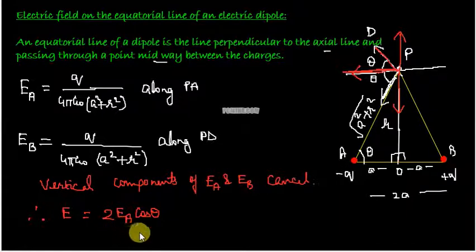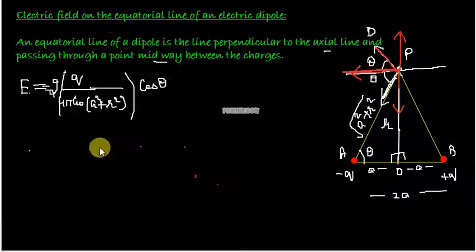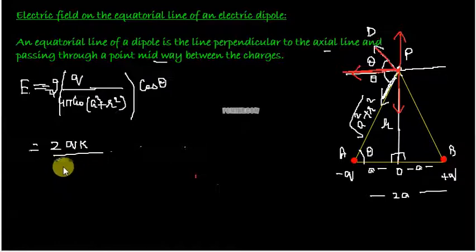So, I write twice EA cos theta; the horizontal components add up to give the resultant electric field at the point P. So, substituting the value of EA, we have the resultant electric field on the equatorial line as twice of q upon 4 pi epsilon naught, a square plus r square, into cos theta. So, that gives me twice q into k upon a square plus r square.